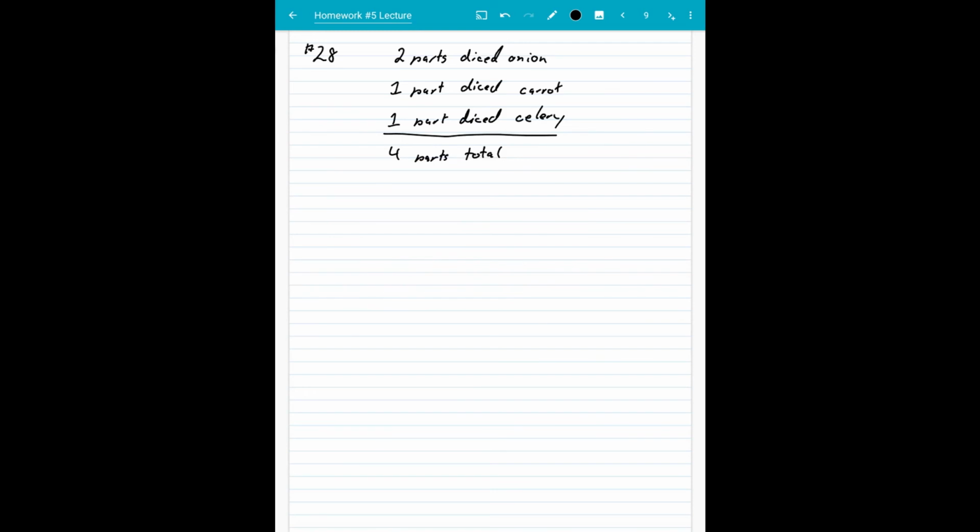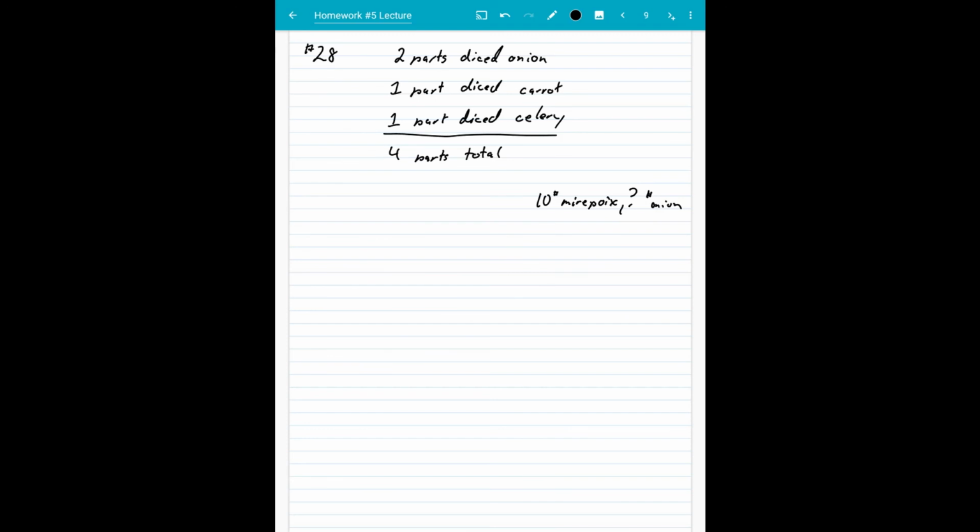So it says if you need 10 pounds of Mirepoix to make stock, so it's asking for the total amount, you should use how many pounds of diced onions? So 10 pounds of Mirepoix, we need how many pounds of onion?